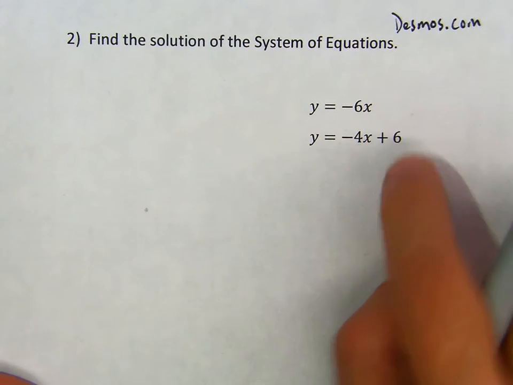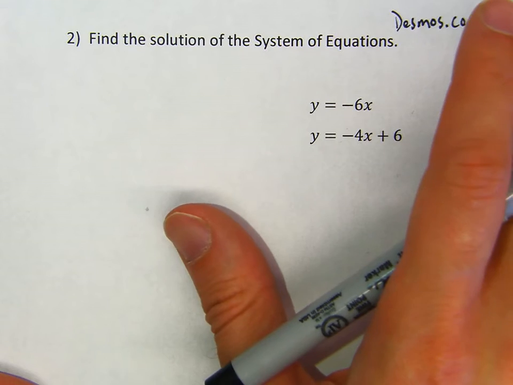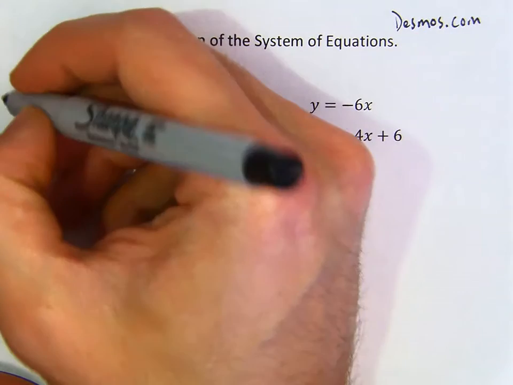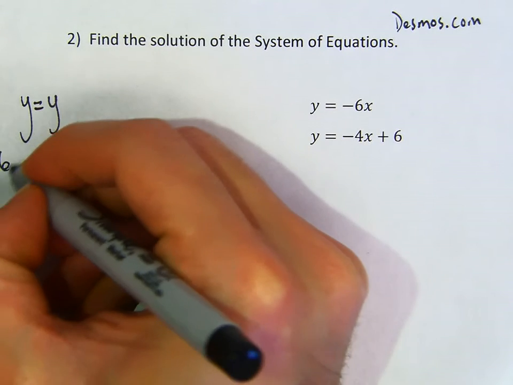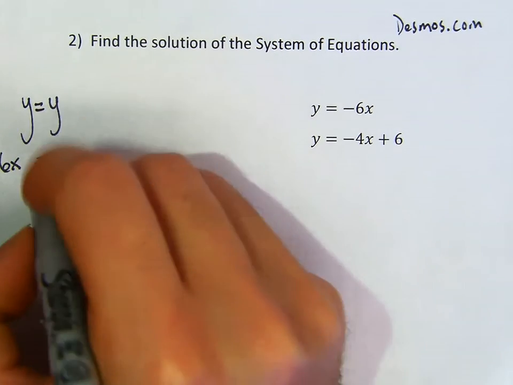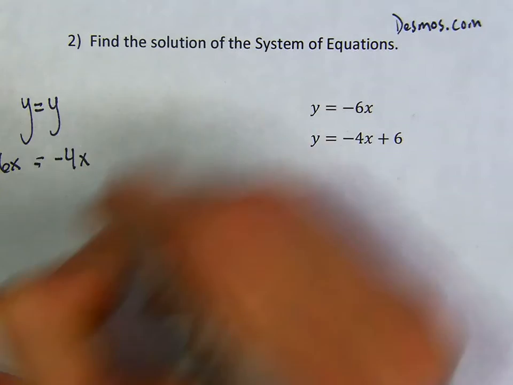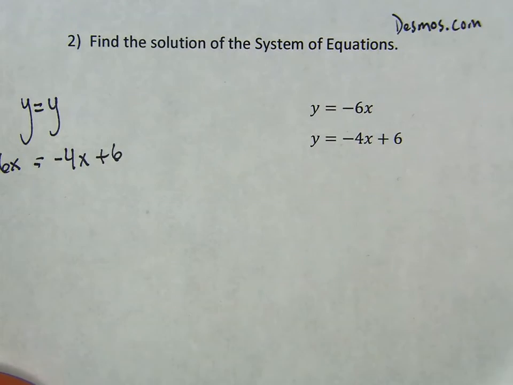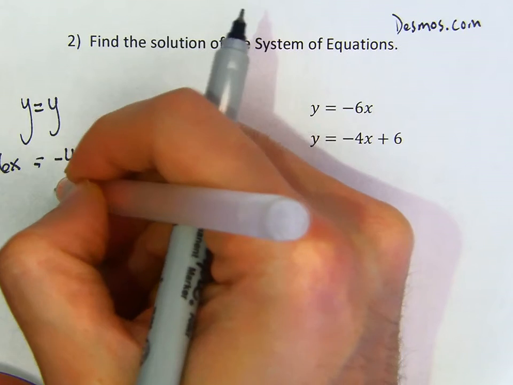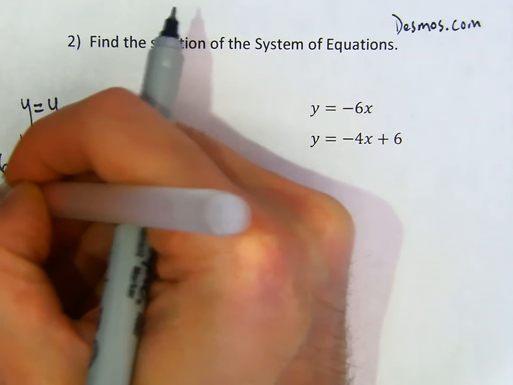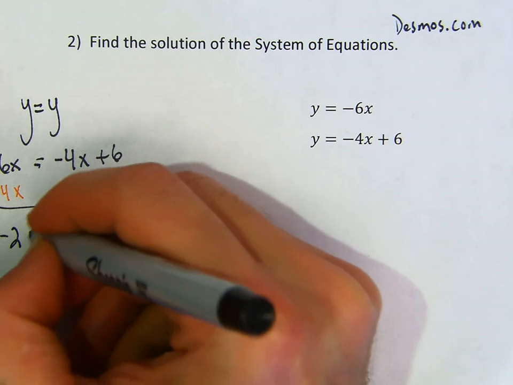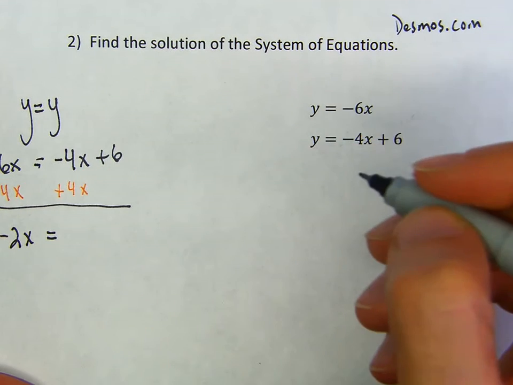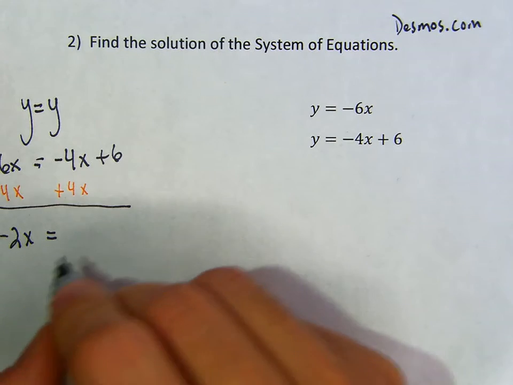If you want to see how it's done, y equals y, so negative 6x is equal to negative 4x plus 6. I want to get x by itself, so I'm going to add 4x. Now I have negative 2x equals 6.